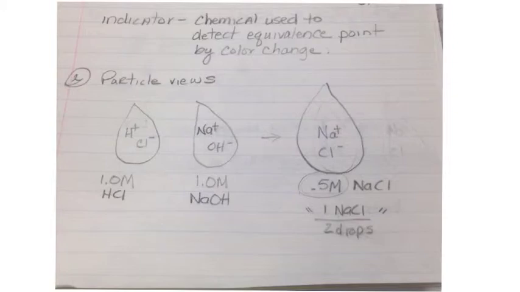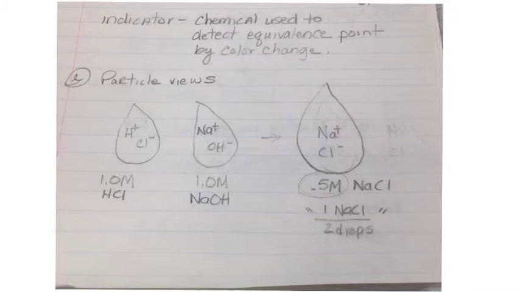Well, technically, you would also get a 1 molar solution of NaCl. However, I don't know if you can tell from my drawing of my doubly large sodium chloride drop of water, but notice my end result here, the drop is supposed to be twice as big.